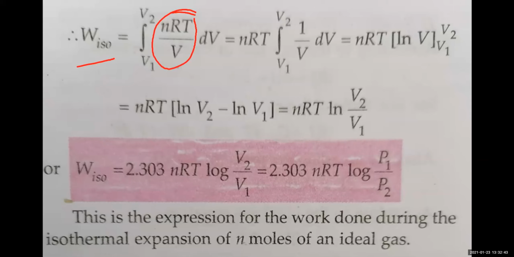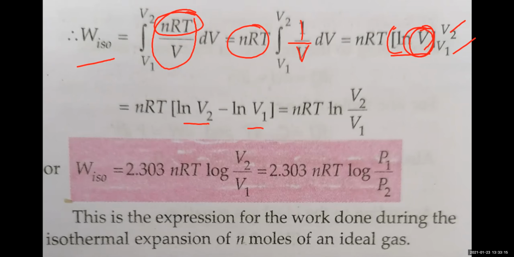Now children, nRT are all constant, so they will come out of the integration, and here we have 1 by V. Integration of 1 by V is natural log V, ln V. Then the next step is to put the upper limit minus the lower limit. So for the upper limit, instead of V you put V2, minus the lower limit, instead of V you put V1. So nRT (ln V2 minus ln V1), they are the natural logs, right?